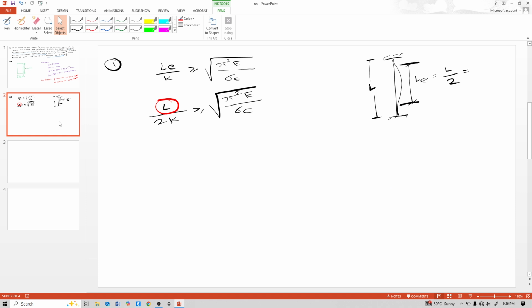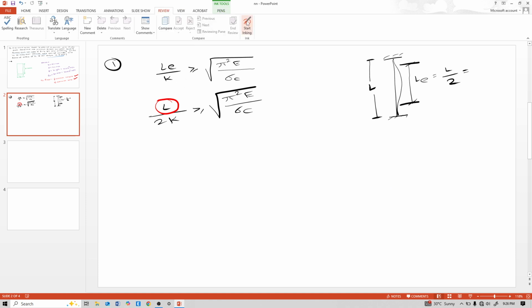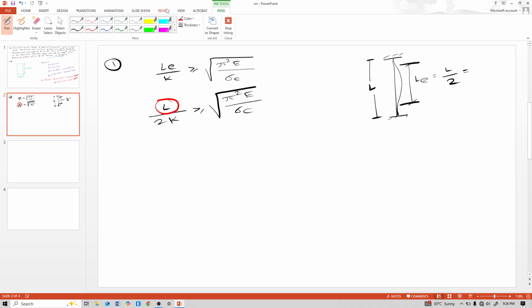So for that we are solving this minimum length. We know E, we know sigma C, we know pi, we don't know this K. So solve this K now.